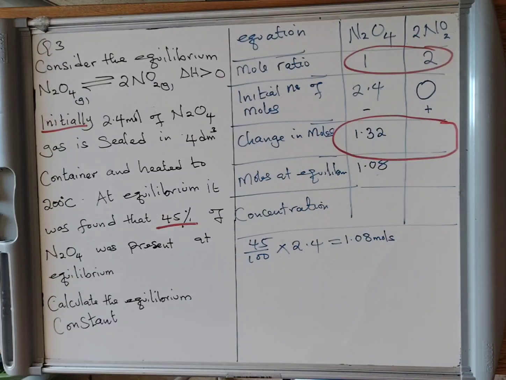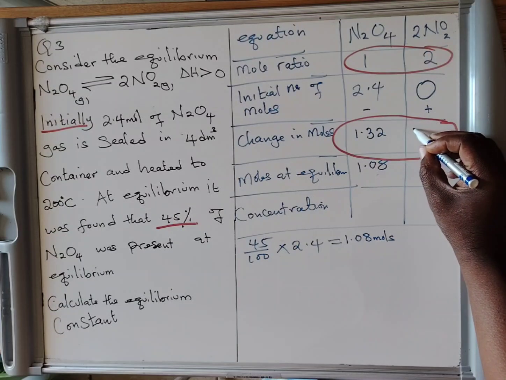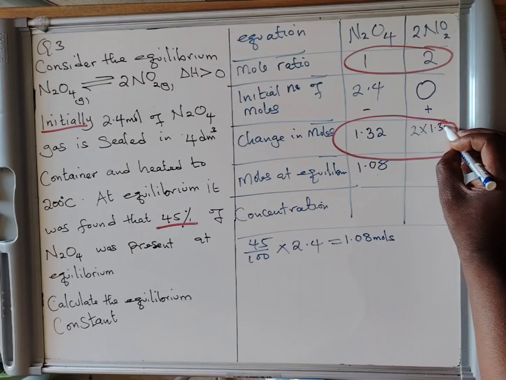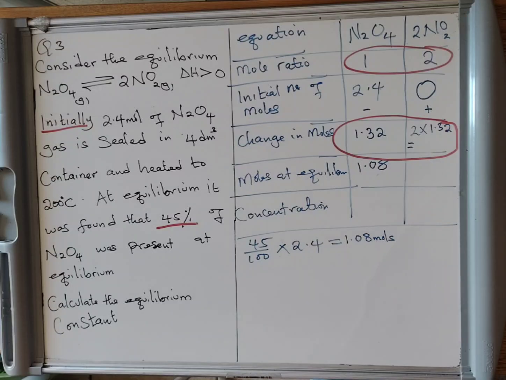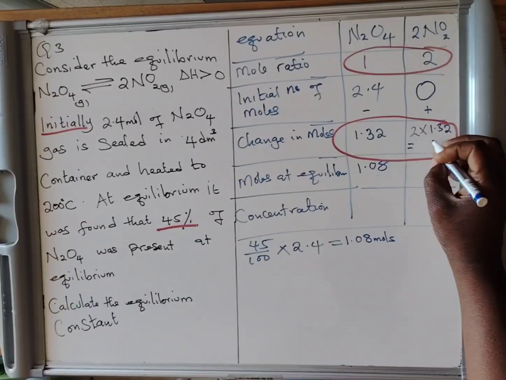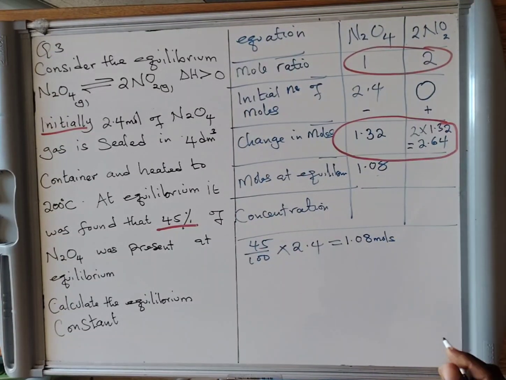So what do we do when we have this number of moles here? You got the ratio. This one is 2, so it's going to be 2 times this 1.32. When you multiply that, you get 2.64.